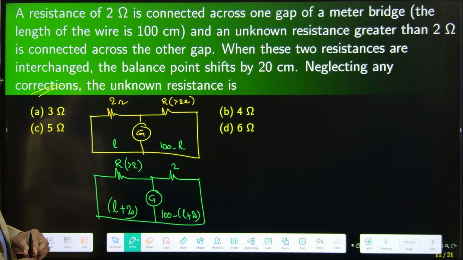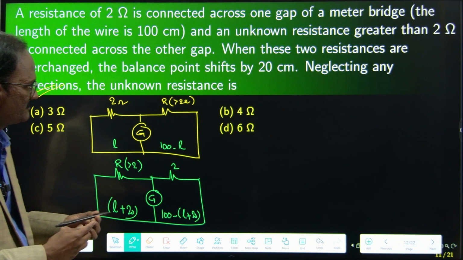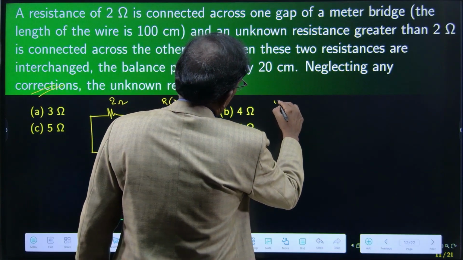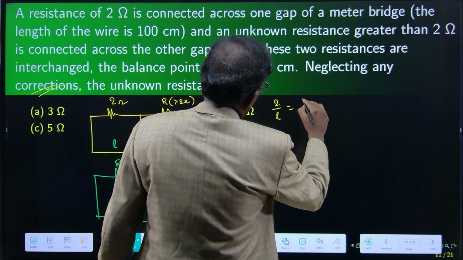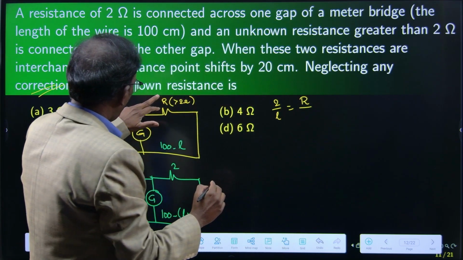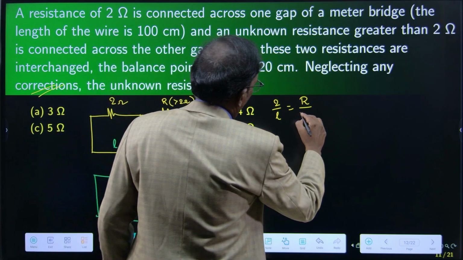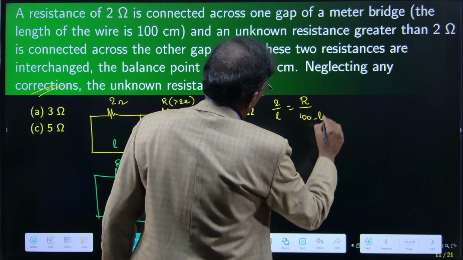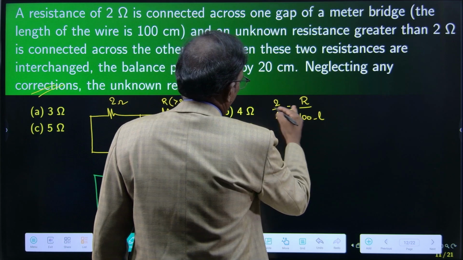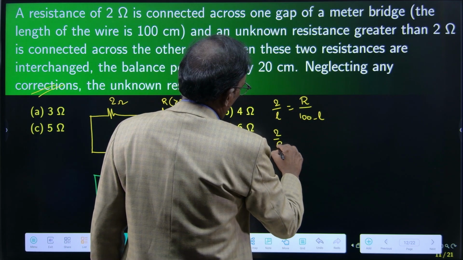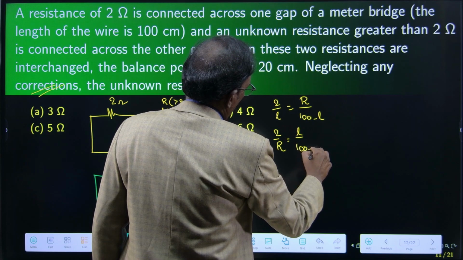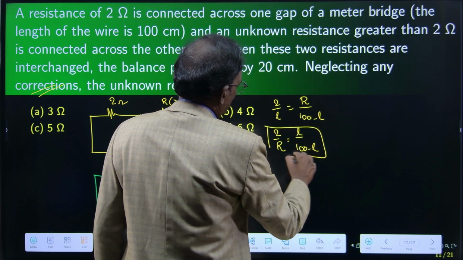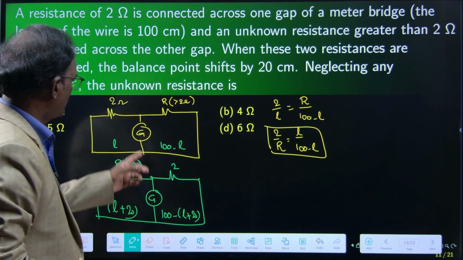See, we will write the ratio. This is 2 by L, case 1, 2 by L is equal to R divided by 100 minus L. Or we can write 2 by R is equal to L divided by 100 minus L. This is for case 1.